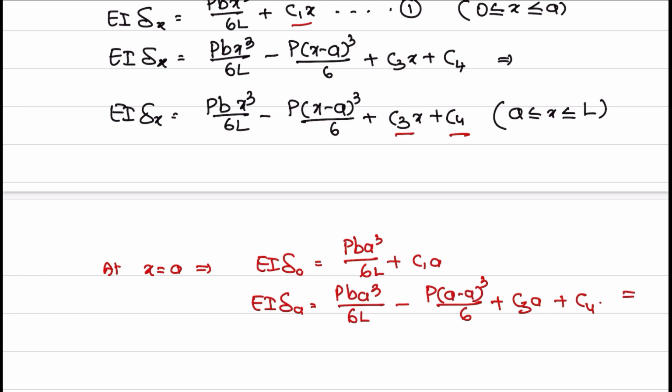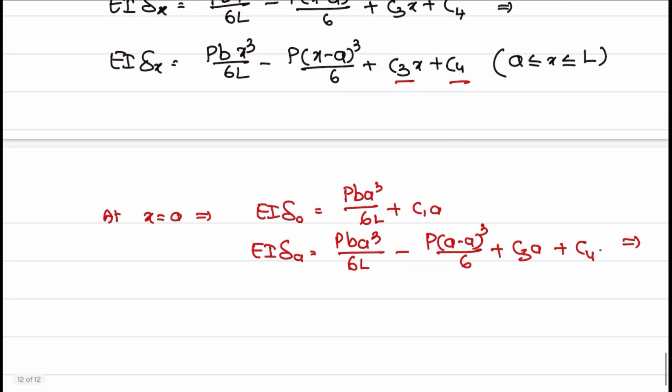Let's compare these two now. This is gone because A minus A is 0.